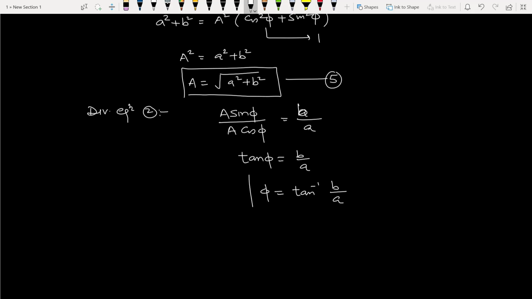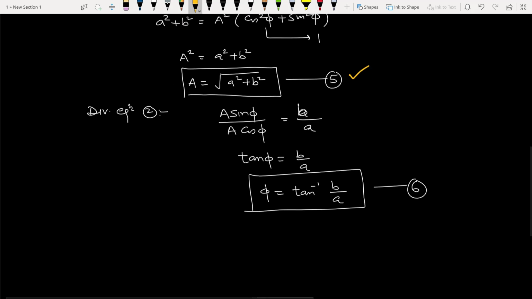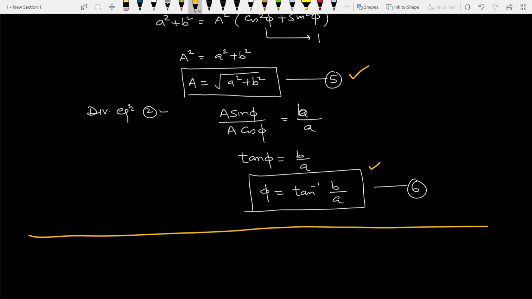So this is our equation number 6. So equation number 4 is the equation of SHO that we have obtained after solution, and here we have two parameters A and phi whose values are obtained by equation number 5 and equation number 6. So this is the mathematical treatment of a simple harmonic oscillator.